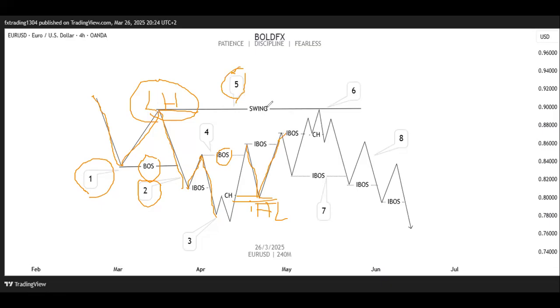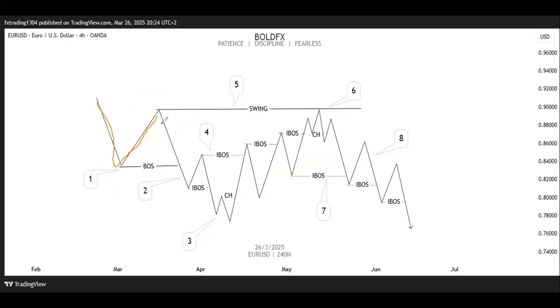the swing structure. Remember now, the swing structure right here is bearish. Don't forget that. Your swing structure is bearish. So here at number 5, you can see the swing structure is bearish. So the expectation is the strong swing high will not be broken. So this is your expectation, right? After a break of swing structure, this lower high right here is expected to hold, right?